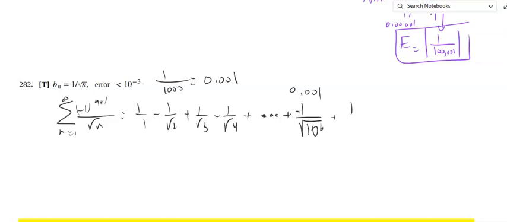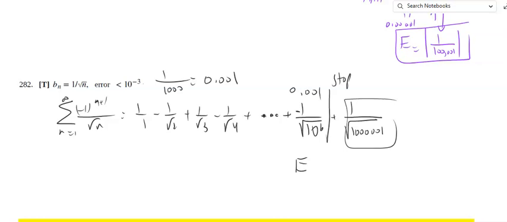So the next term is 1 over the square root of 10 to the 6, that's 1,000,001. So if I stop there, I am aware that the maximum error will be less than or equal to 1 over the square root of 100,000,001.